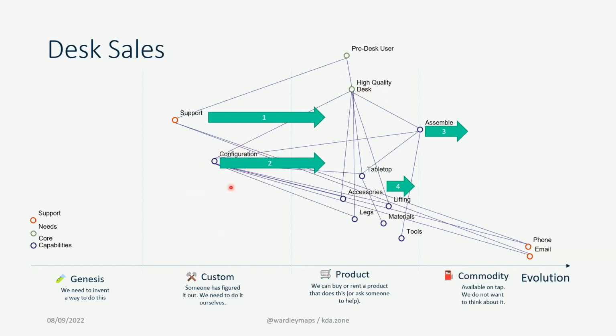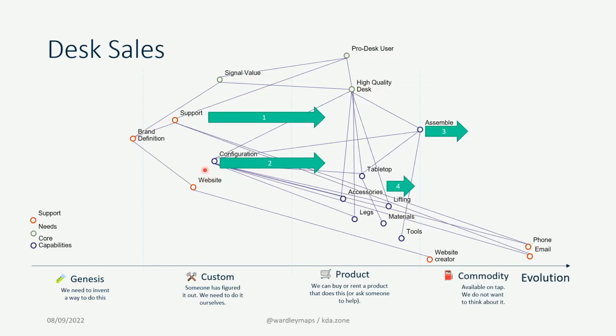But that's not the end of the story, because what happens then is there are some conflicts going on here, especially if you think that pro desk users want not only the high quality desk, but they want to signal value. They want to show that they value high quality desks, and that actually involves some sort of brand definition, website, and the website creator.